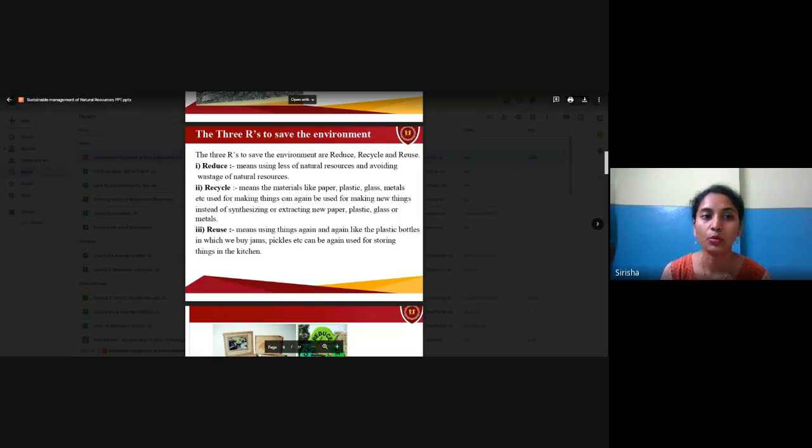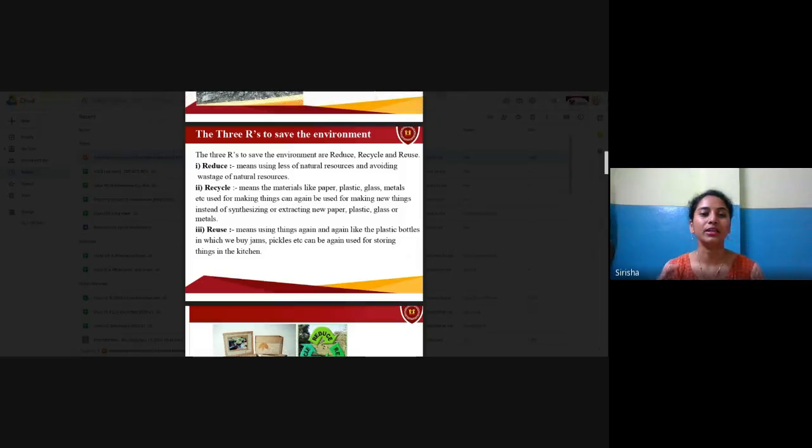We have to use them only when required, as they are limited resources. Recycle means materials like paper, plastic, glass, metals all have to be recycled for making new things instead of synthesizing or extracting new paper, plastic, glass, or metals.